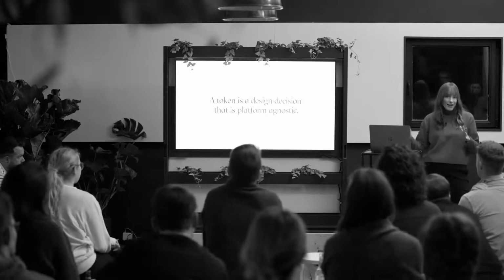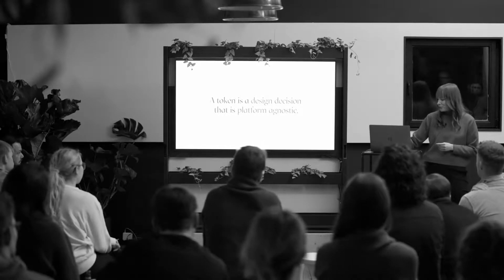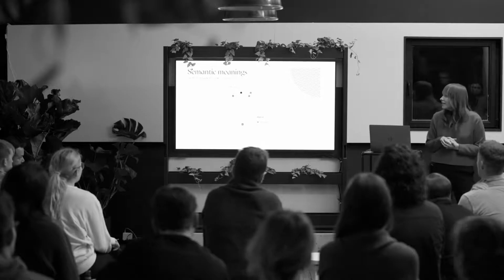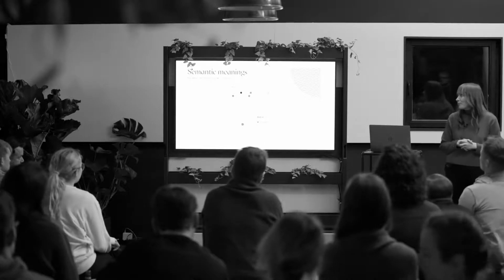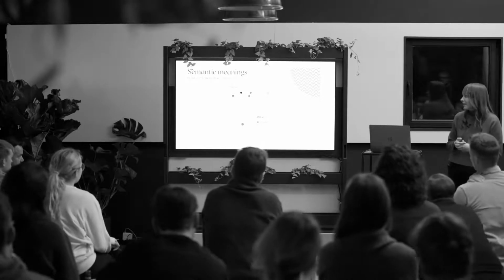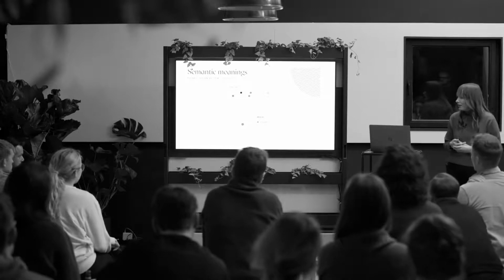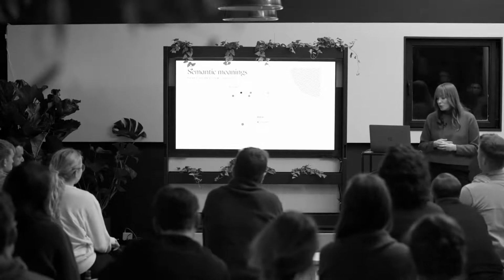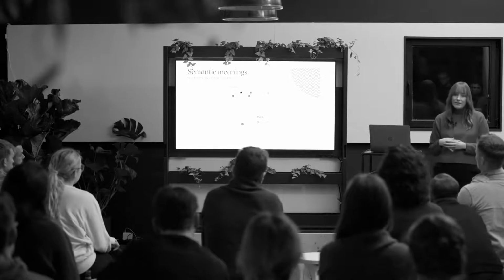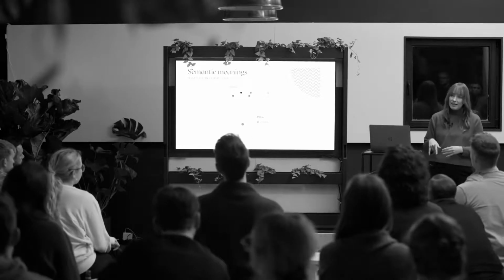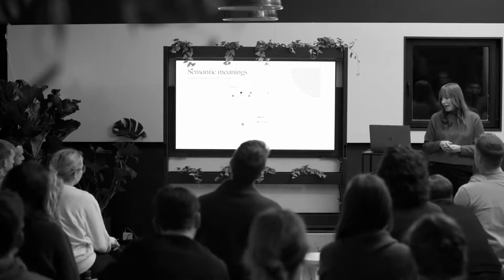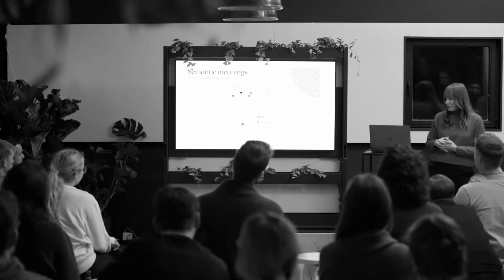So let's have a look what else belongs to that concept of tokens. This is an example from Shopify, from their Polaris design system, how they organize their colors. So what tokens also brought us is that we rethink how we name our colors, or general design decisions.